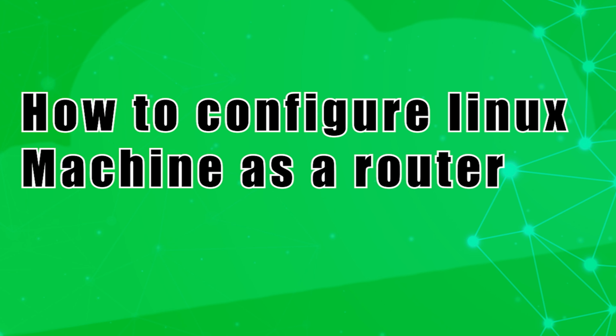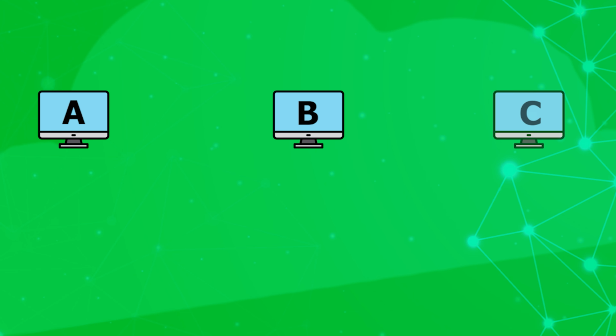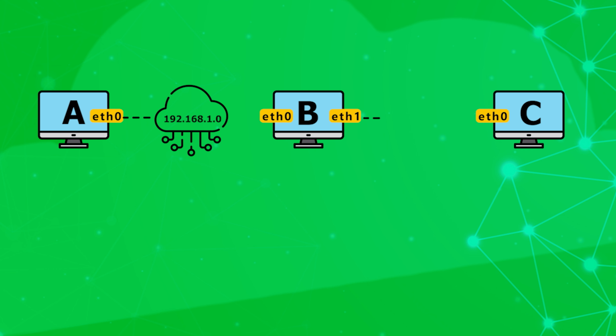Let's try to set up a Linux host as a router. So consider we have following setup. There are three machines A, B, C. A has interface eth0 and is on network 192.168.1.0. B has two interfaces eth0 and eth1 and is connected to both the network, that is 192.168.1.0 and 192.168.2.0.